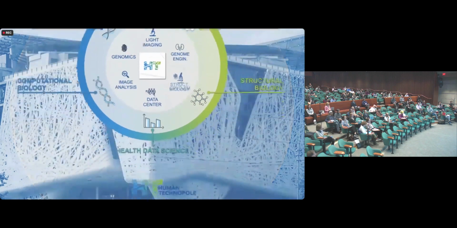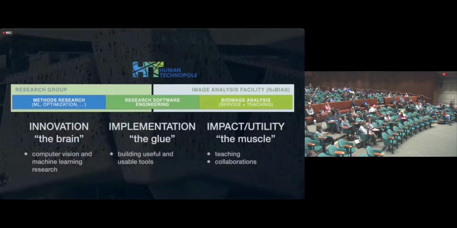In these facilities, I was tasked some years ago to set up the image analysis facility. So here too, we put this gradient model into play, where we do methods research, method to tool transition, and then have this facility that serves, in our case, all people on campus.